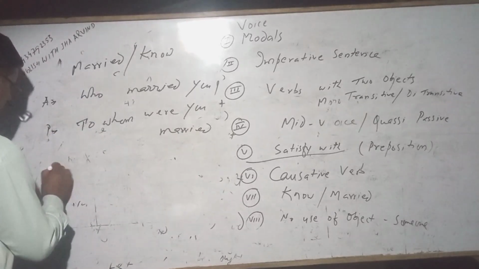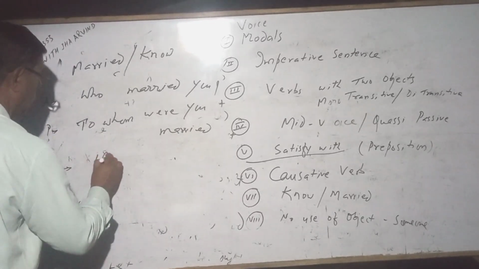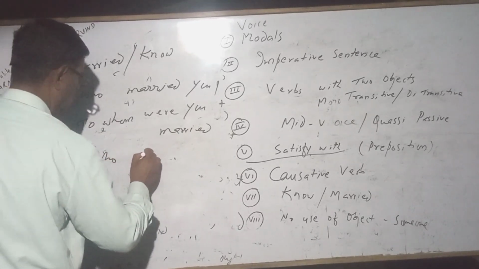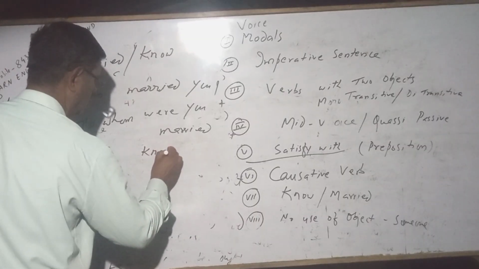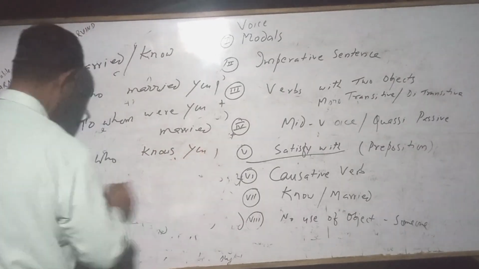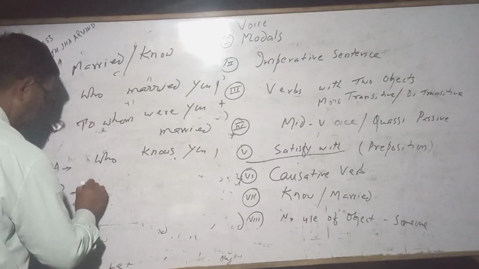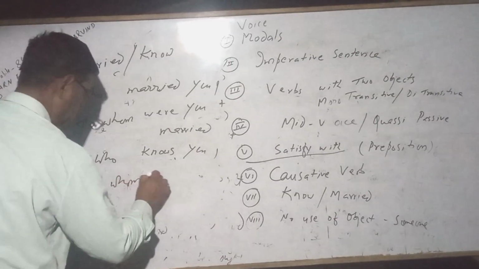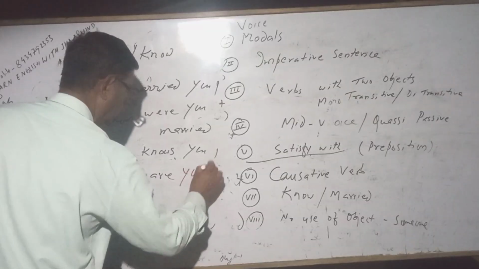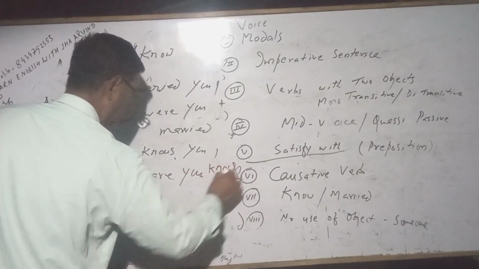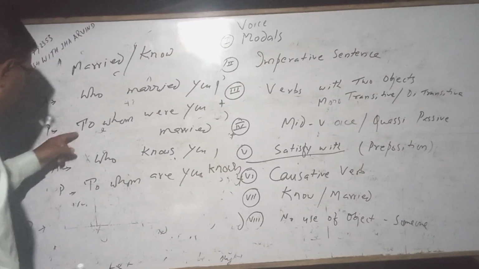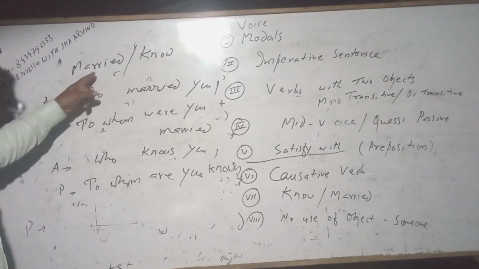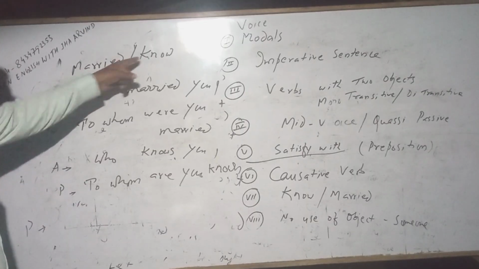Another sentence, who knows you? Passive. To whom are you known? I told you, to will come in the beginning of the sentence when we use the verb married and know.